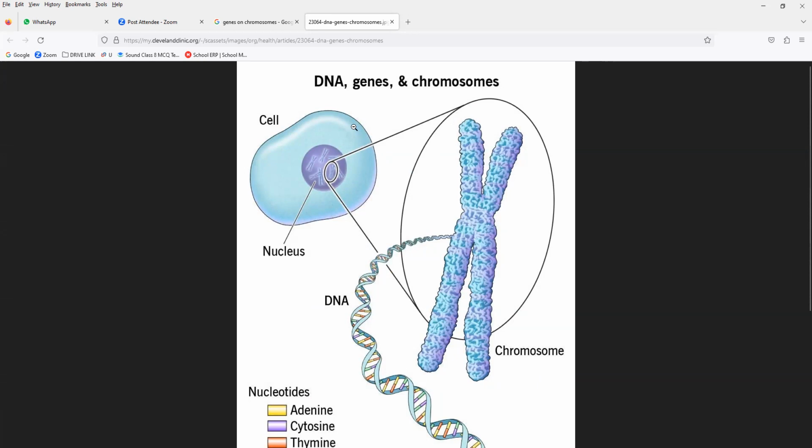This entire thing we call DNA. Now you can notice this one thread-like structure. What do we call it? Chromosomes. Do you understand it? On the chromosomes, you can see, we are zooming in.